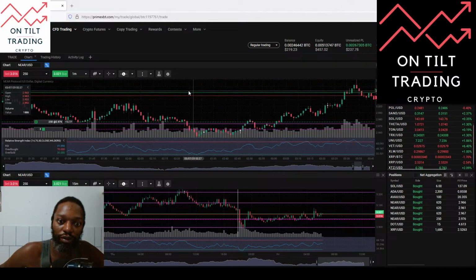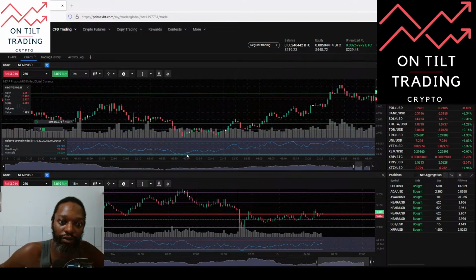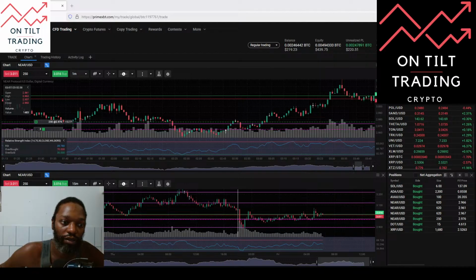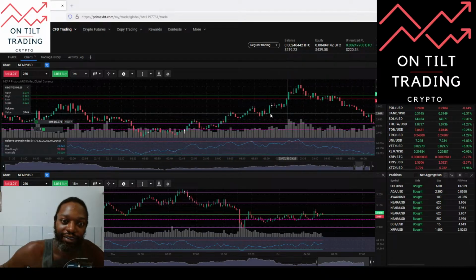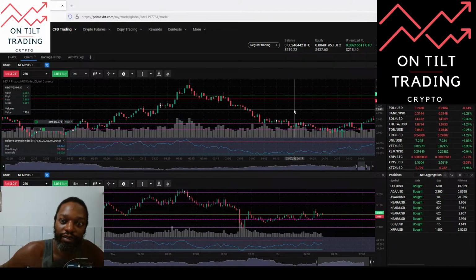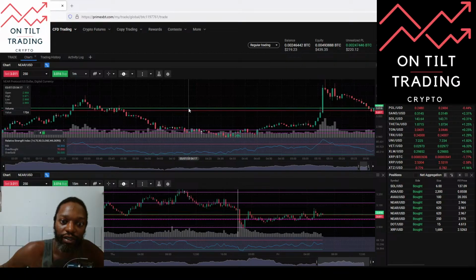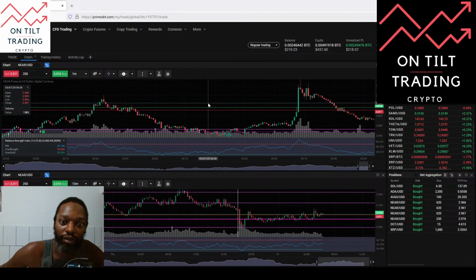Buyers lose support just a little here, but we can see we're oversold. I was not watching it at this time. I was getting some sleep. Let's see, still similar price action, but then I woke up.